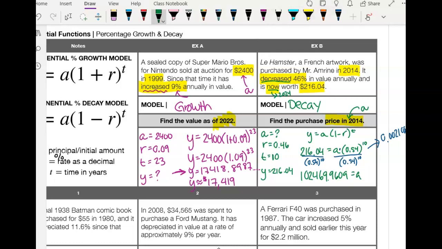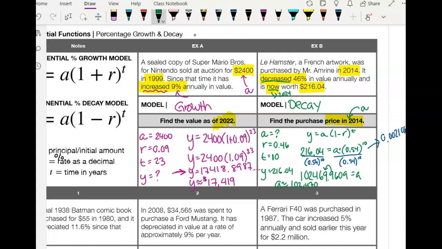So it's talking about money and how much it's worth. Because it's a large number, I'm going to go ahead and just round my answer to the nearest dollar, okay? So I'm going to see this, that's going to go up. So my A value, or my starting value, is approximately $102,470.